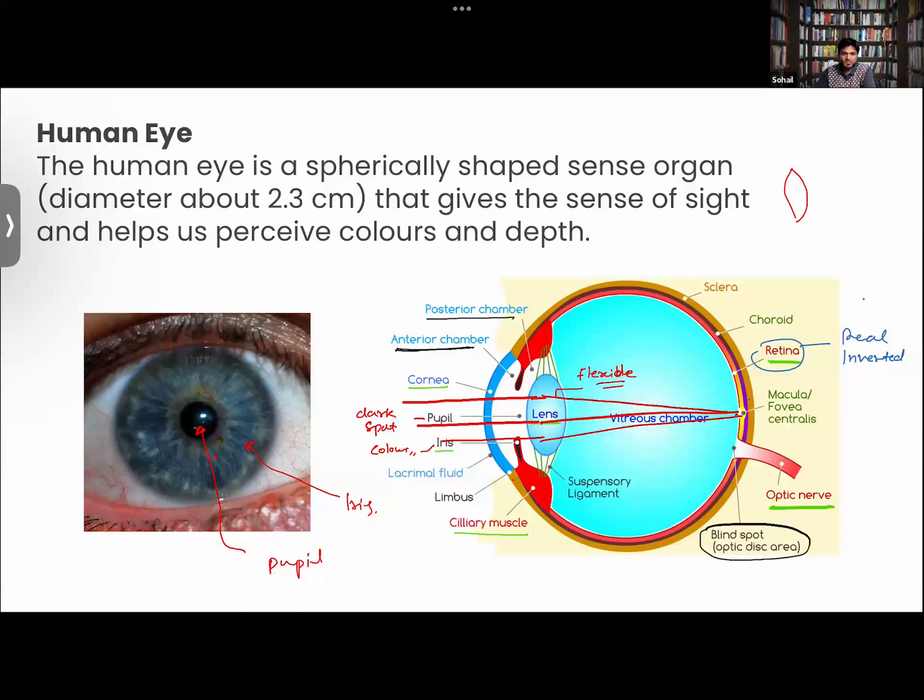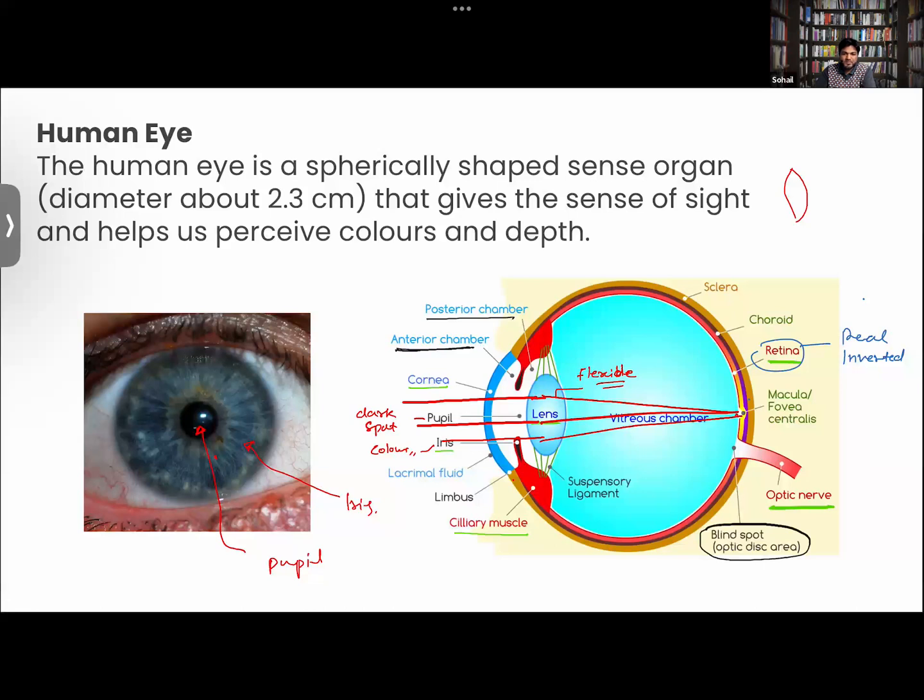So when the ciliary muscles contract, they become thick as well, and when they relax, they become loose and thin. Exactly. Also, do tell me this lens, Moz, this eye lens, is it a converging or a diverging lens?